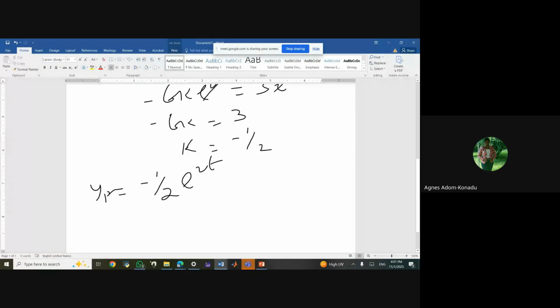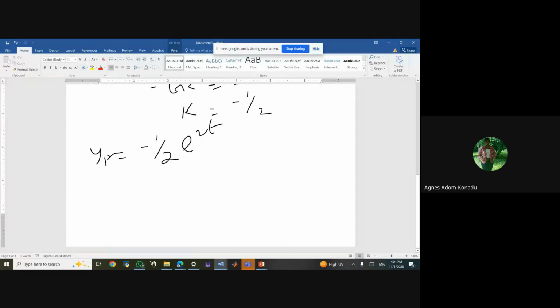The general solution is the solution to the homogeneous part plus the solution to the non-homogeneous part. So my solution y will be equal to the homogeneous part, C1 e to the power 4t plus C2 e to the power minus t, and the non-homogeneous part, minus 1 over 2 e to the power 2t.